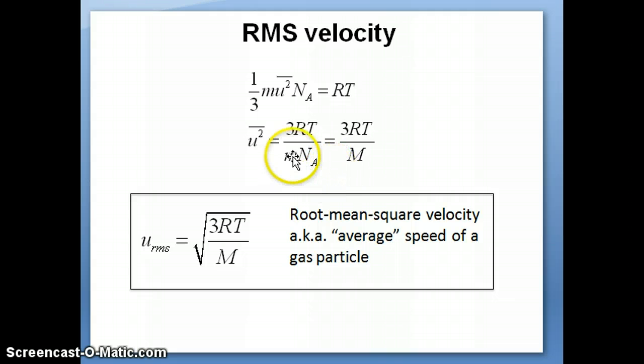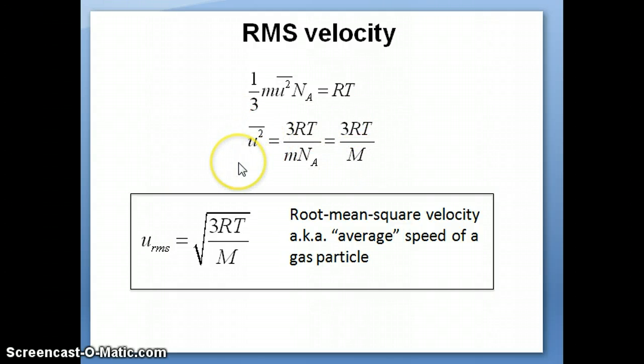So you have a mass in units of grams per particle, times particles per mole. Your unit after you multiply these two becomes grams per mole, which of course is the unit of molar mass. So this M here is your molar mass, and 3RT over M is equal to u squared, the velocity squared.